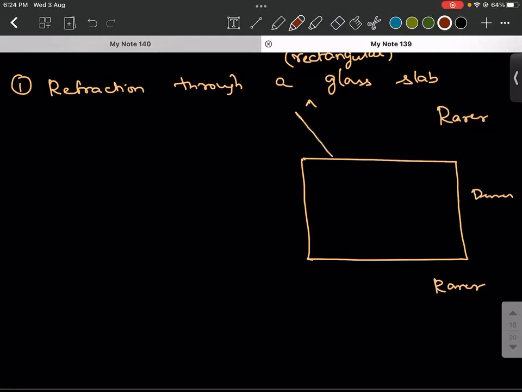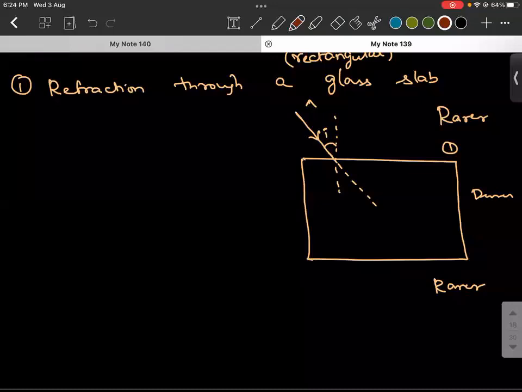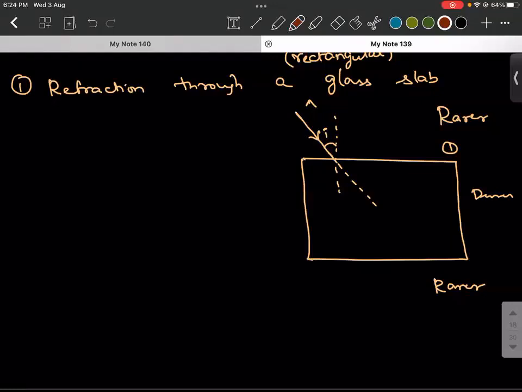So when light is striking the first boundary, if this angle is going to be I, the light would have traveled in a straight line path had there been no surface. So when the light starts hitting the boundary of a rarer and a denser medium, it starts bending towards the normal. So it starts bending like this, where I can call this the refracted ray.